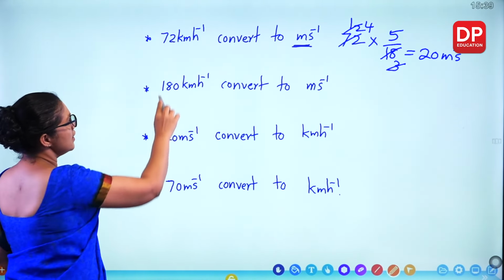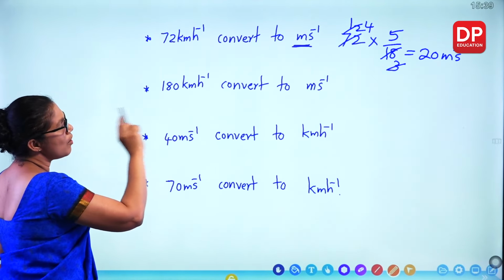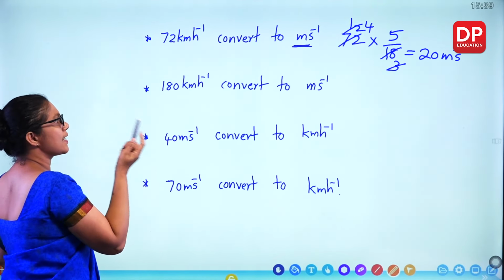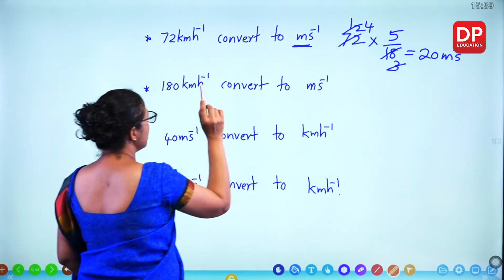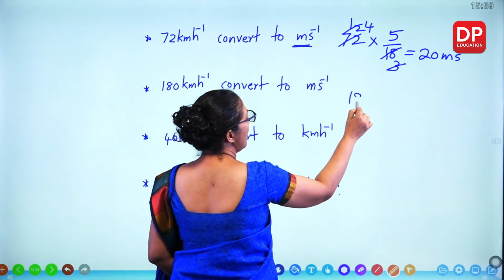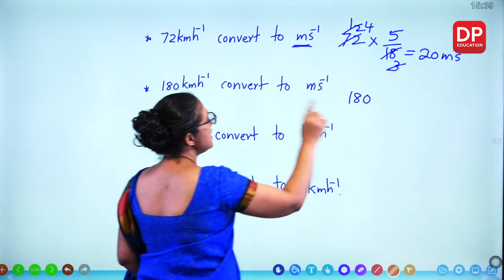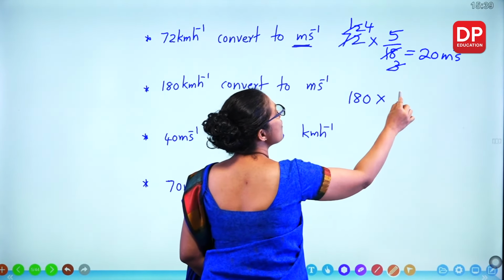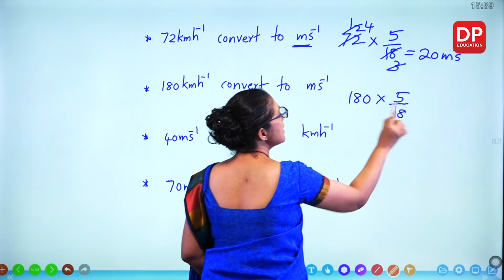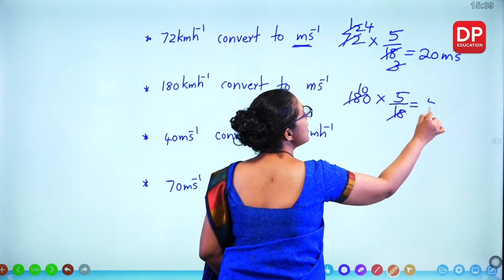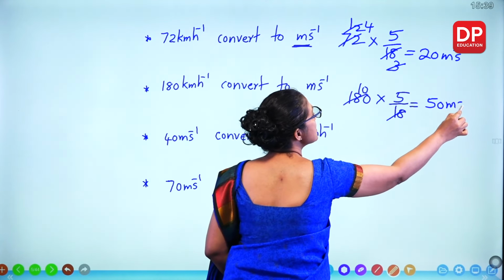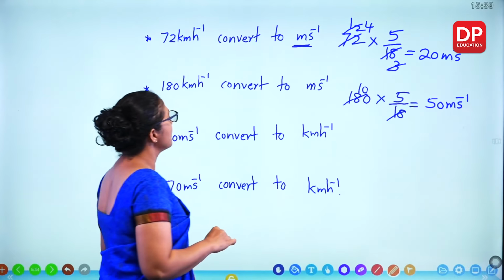Now this one, kilometers per hour is given. You are asked to convert to meters per second. Again, bigger to smaller unit. So what's the ratio? 180 multiplied by 5 over 18. 18 times 10, 10 times 5, 50 meters per second.